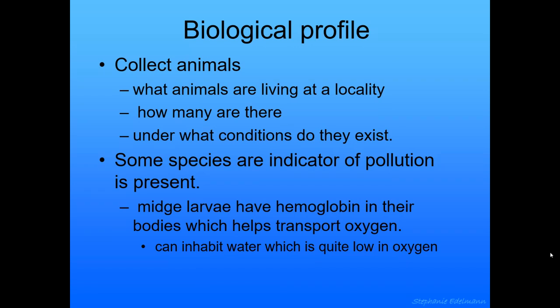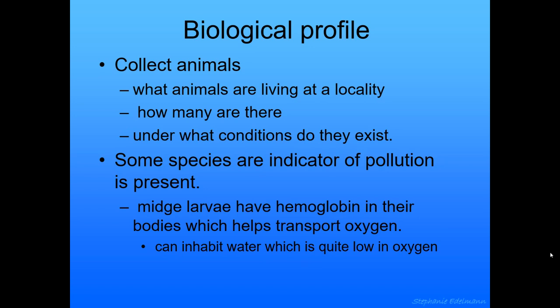One of the ways we can figure out if an aquifer, or a stream or pond, is healthy is we look at the biological profile. What we do there is we collect animals that are living at that locality, and we check how many are there and under what conditions they exist there.